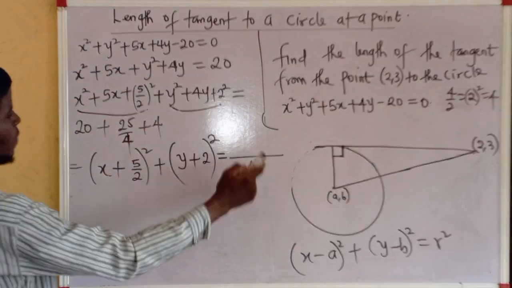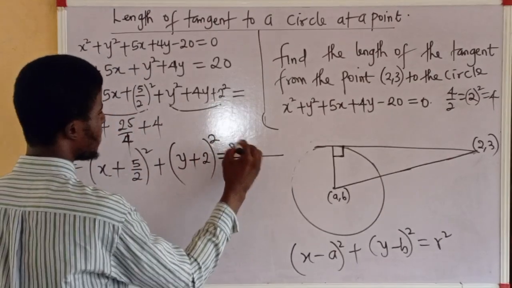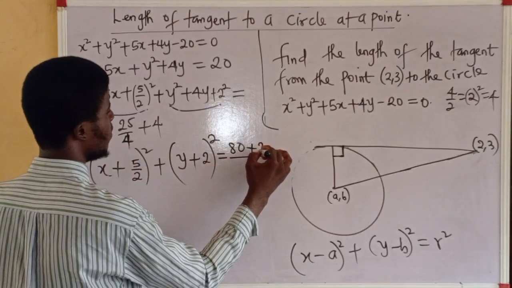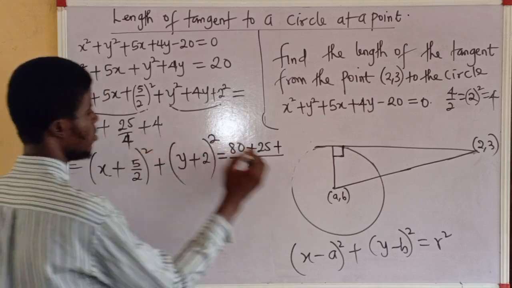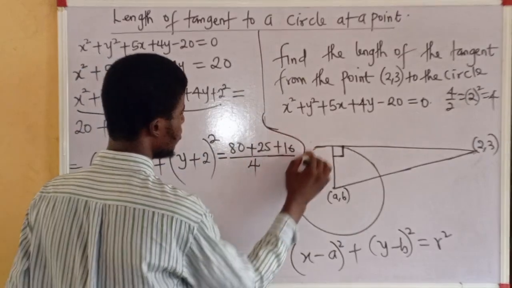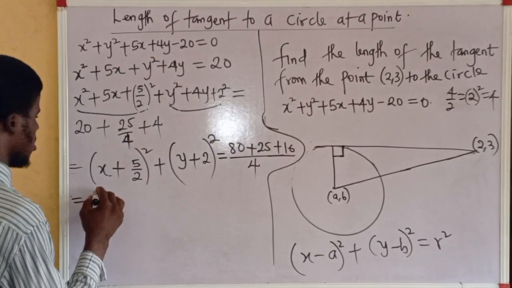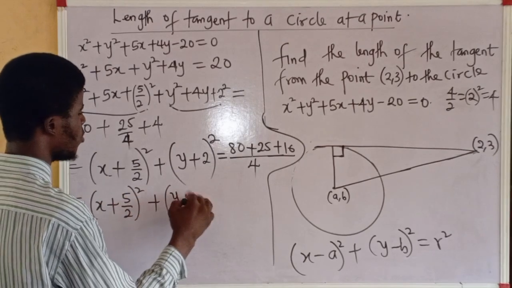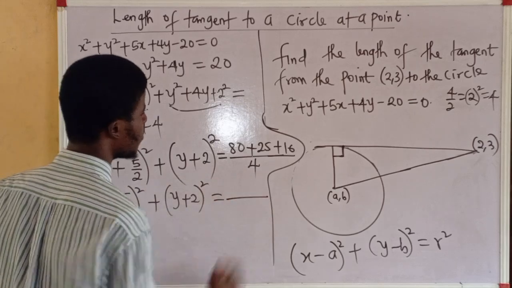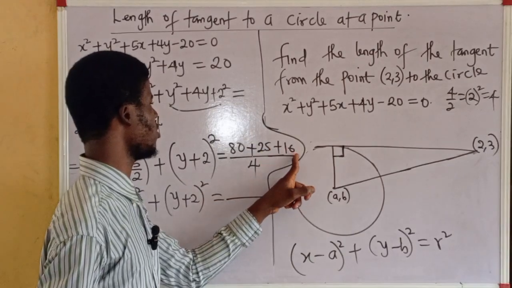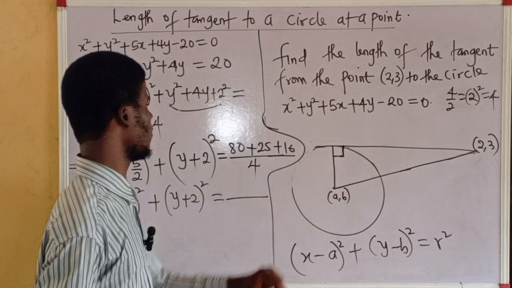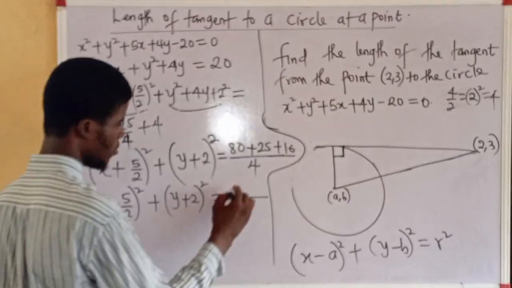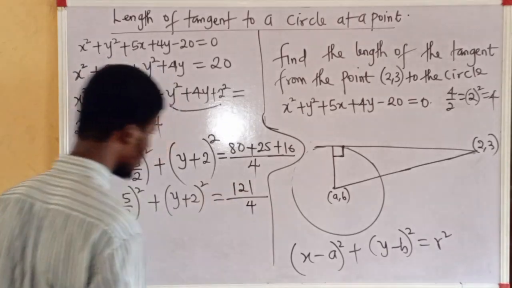So 4 times 20, that's 80, plus 25, because they have the same denominator, 25. And 4 times 4, that's 16. So x plus 5 over 2 all squared plus y plus 2 all squared is equal to this. 25 plus 16 is 41. 41 plus 80 is 121 all over 4.